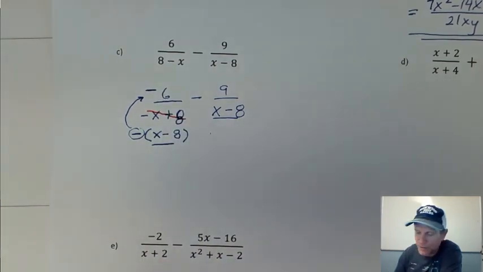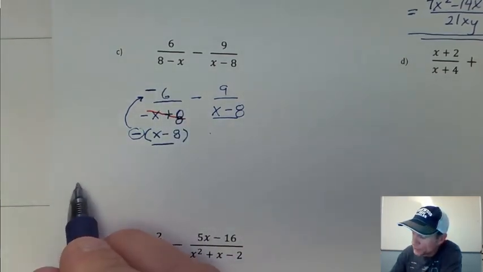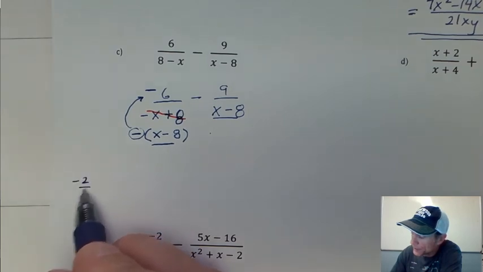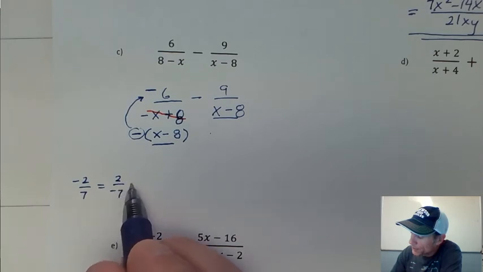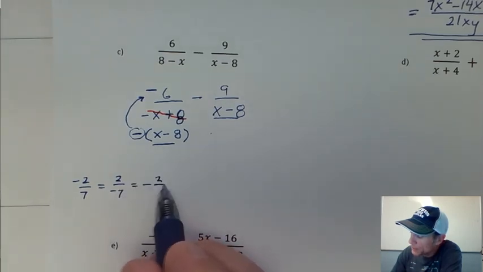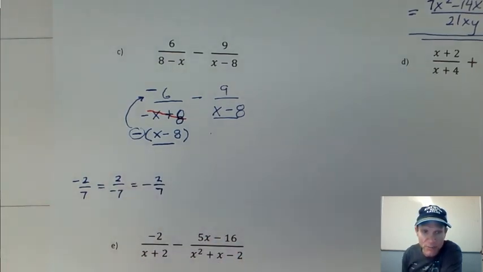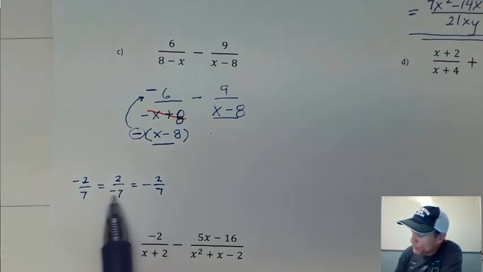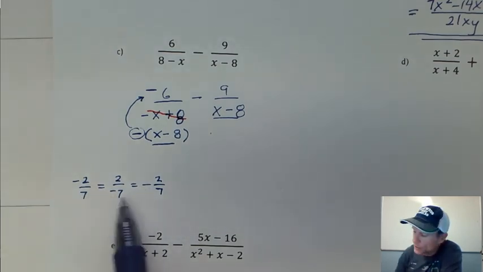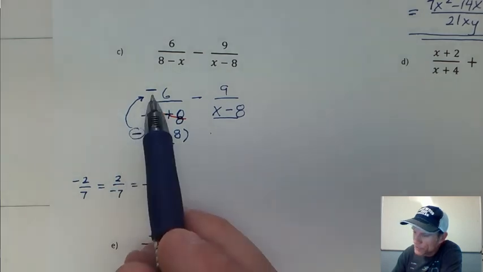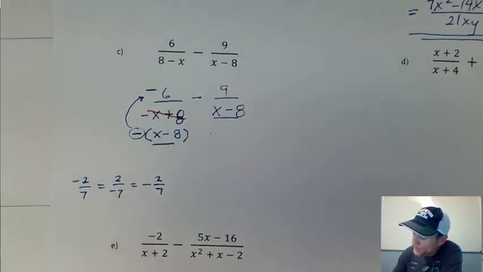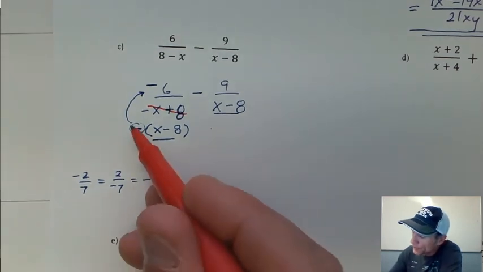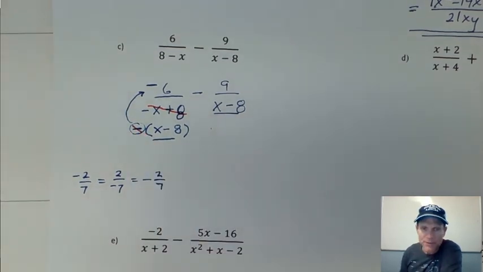That comes out of a little review: using just one example, you should know that negative 2/7 equals 2 over negative 7, which equals negative 2/7. So you can put that negative sign anywhere you want in the fraction as long as there's just one negative sign. And so what I did is I took this negative and moved it to the top. I'll draw a little line through it so it knows I moved it.